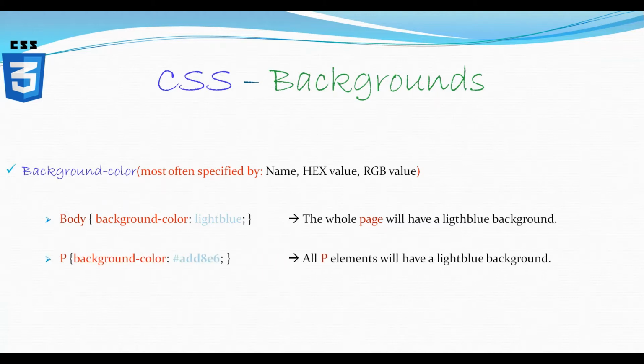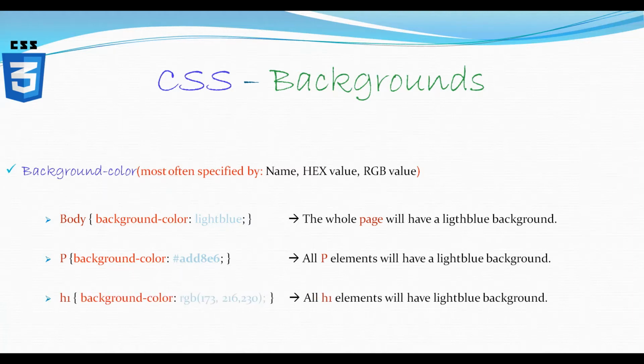And the second way to declare our background color would be to add the name of the element, and then the background color property and the value. So all of the paragraphs would have the light blue background color, as well as H1 or H2 or H6, whatever H you want. You can use the same declaration.